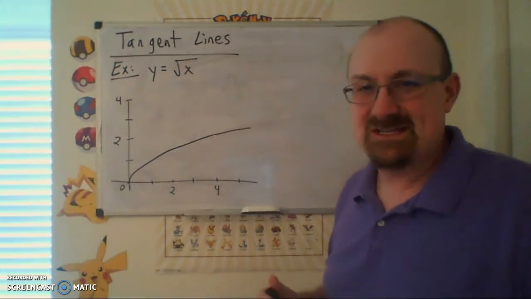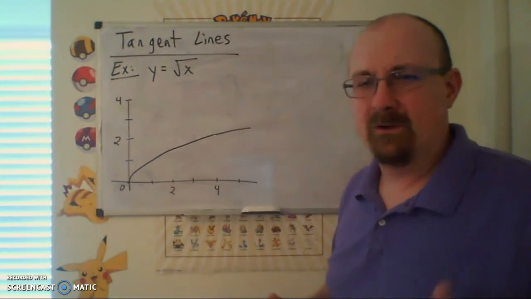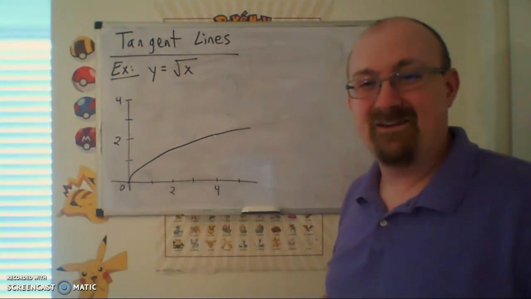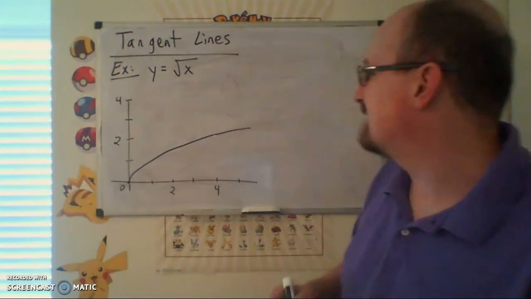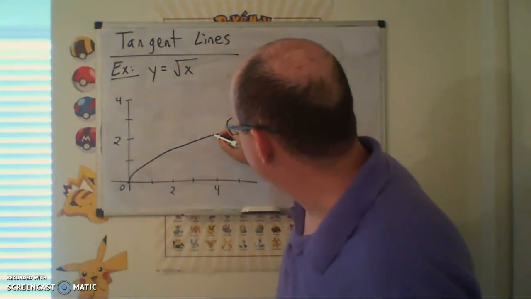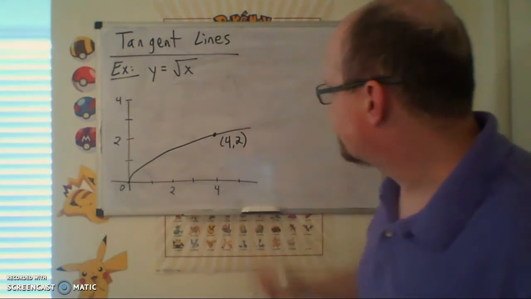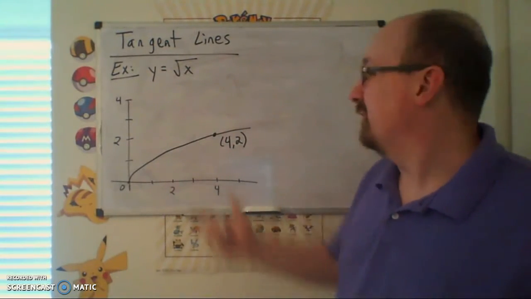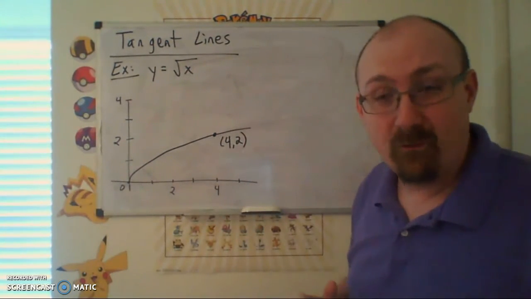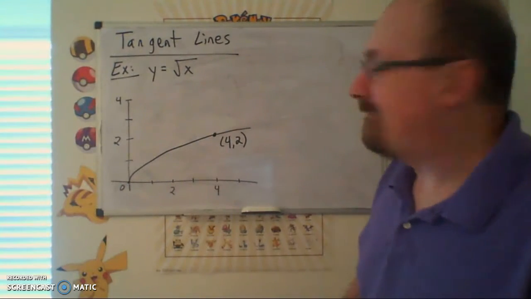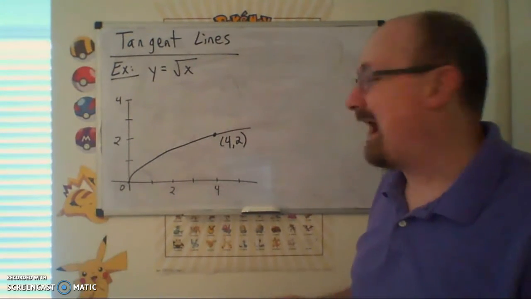When I think of tangency, I'll often describe it, weirdly enough, in basketball terms. It's kind of like a kiss off the glass, say. So let's pick out this particular point right here. It's got an x coordinate of 4 and a y coordinate of 2. That's easy enough to check by plugging 4 into the formula I've given you. And we want to find a line tangent to our graph at that point.